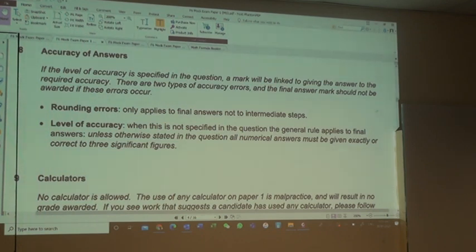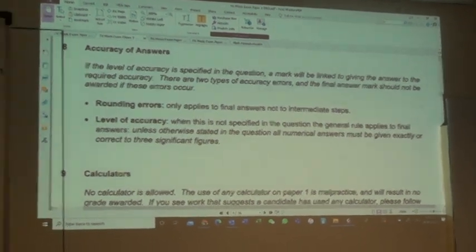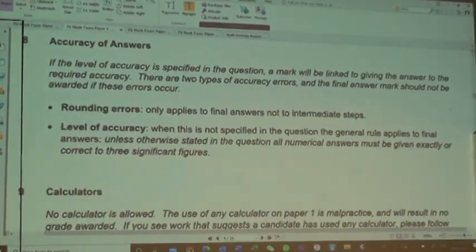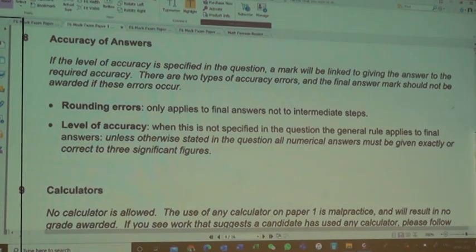So maybe the question says correct to 2 decimal places, so there's 1 mark that will be linked to that. There are 2 types of accuracy errors, and the final mark should not be awarded if these errors occur. First error, rounding error. This applies to the final answer, not to intermediate steps. Final answer, you didn't round appropriately. It's an error, and the last A1 will not be given.